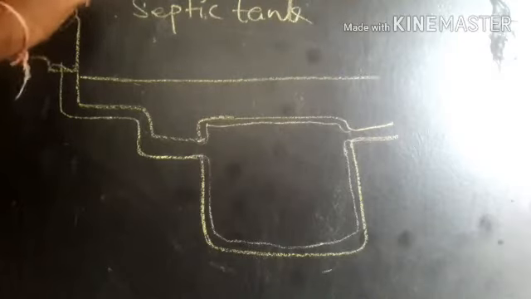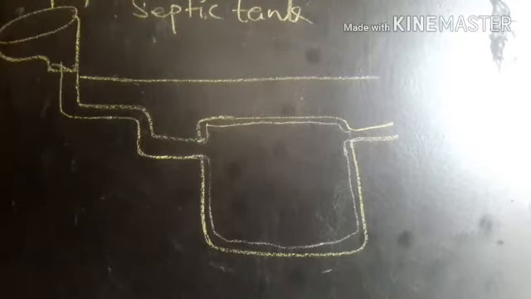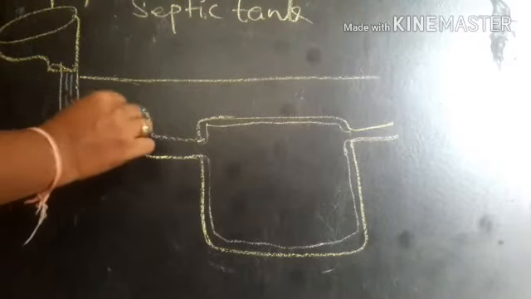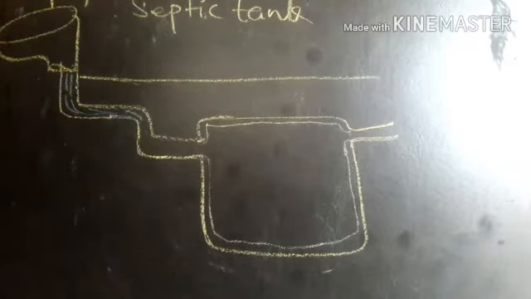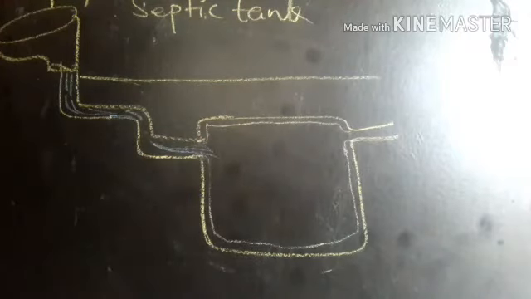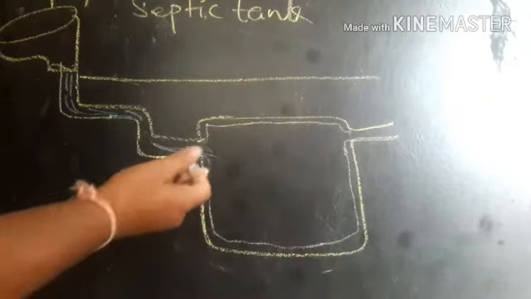Now when we go to the toilet, the toilet waste or urine passes through the inlet pipe and enters the septic tank, which is a large underground chamber.